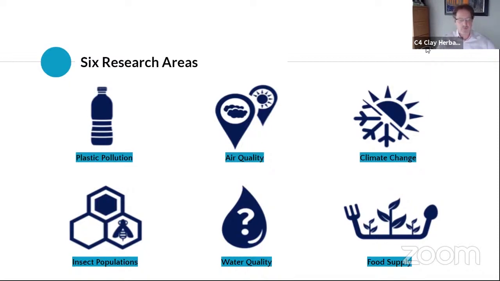So we started first with plastics and air quality, and that's what we used in the Earth Day app. And then we've started to explore other areas. So now we're focused on insects and pollinators, and in food supply, being able to identify crops. So we've really expanded what we're doing in terms of the research questions.